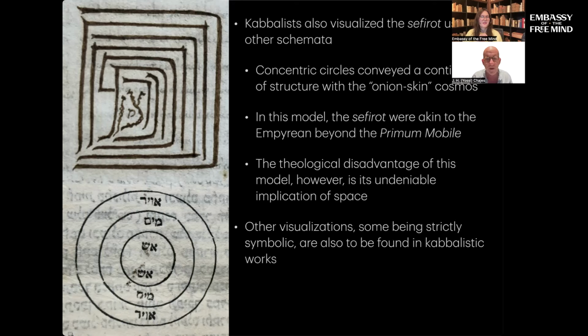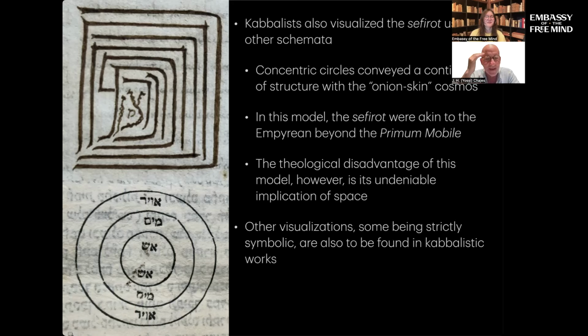So this is a very popular model. I think its main selling point is that it communicates structural continuity with the way the universe was conceived, at least until, I suppose it's fair to say, Kepler's time or so, when the circles were abandoned for ellipses.